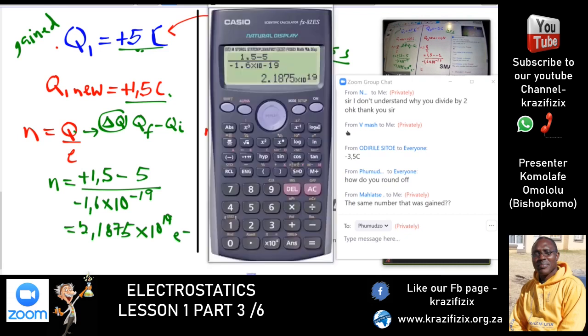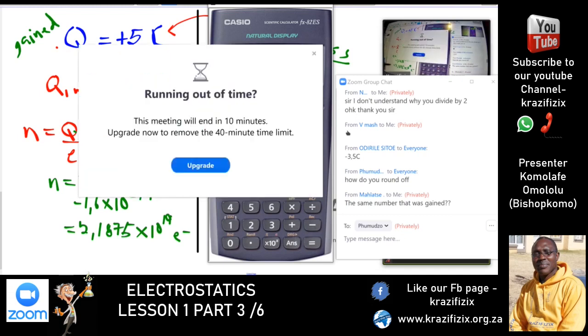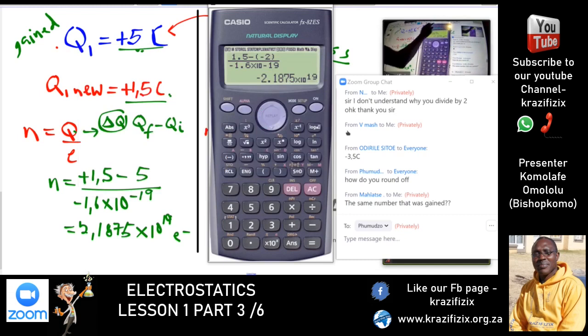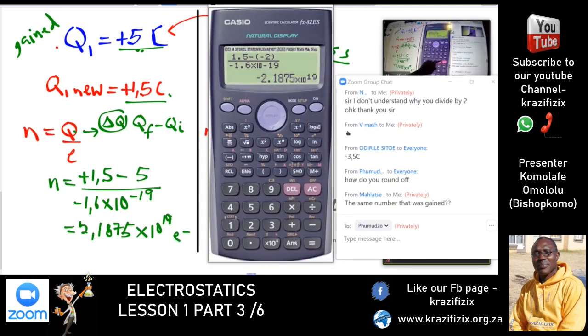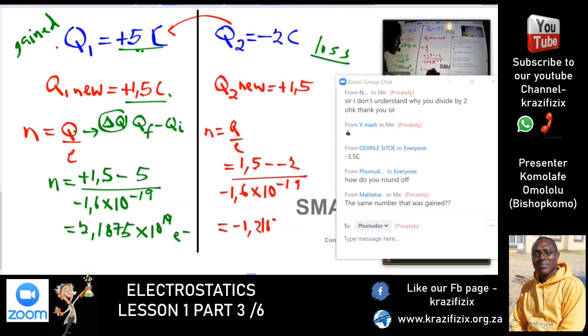And what will this give us? Calculator. 1,5 minus negative 2. Do you see our answer is actually the same? Negative 2,1875 times 10 to the power 19.